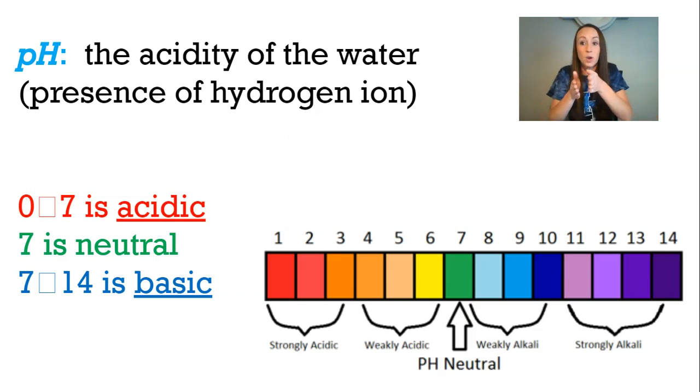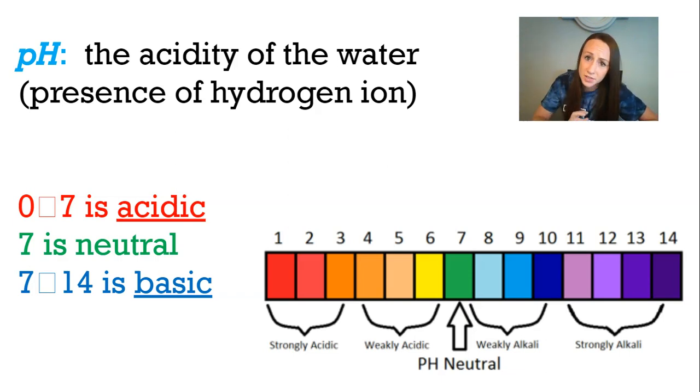Anything from 6.9 down to 1 is an acid. The closer you are towards 1, the stronger the acid. Anything from 7.1 up to 14 we would consider a base. The higher the number, the stronger it is. So the closer you are to 7, the more neutral it is.